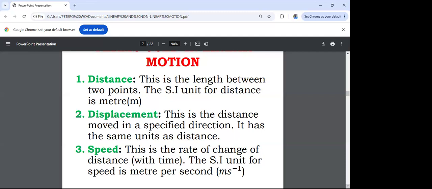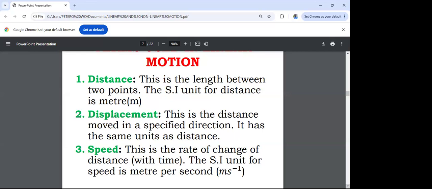Okay, we have 3 definitions so far on our screen. First is distance, and we have it that distance is the length between 2 points. So whatever 2 points you have, the length between them can be called the distance between those 2 points.